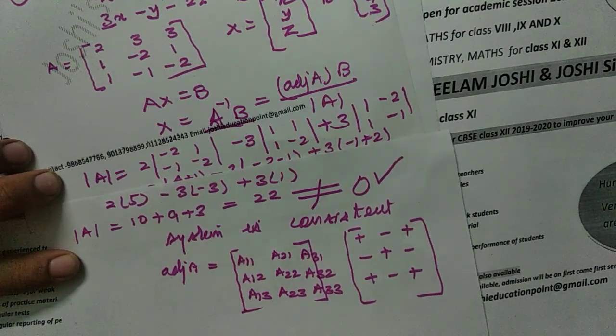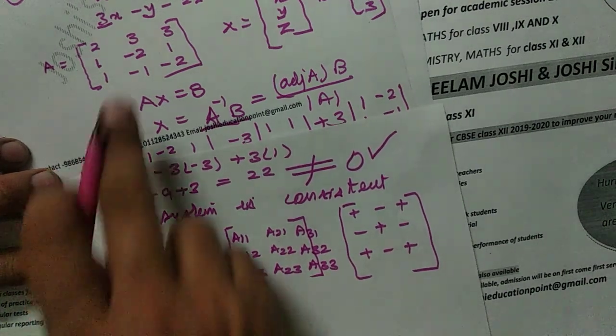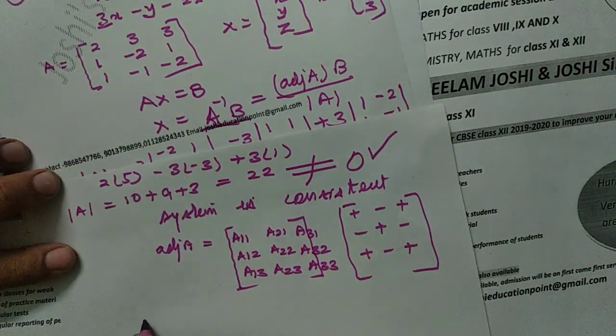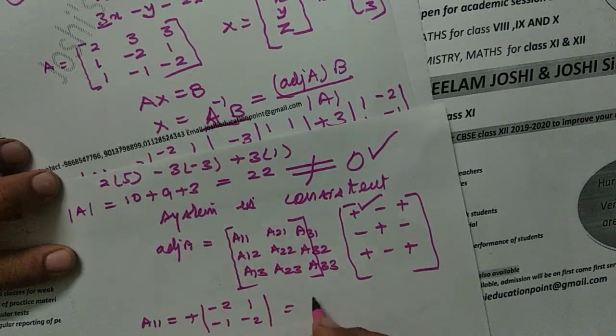I have made it the first column. So now I will calculate A11. A11 from this matrix is given. It will be positive, the positive sign I will pick from here. Positive of what? It will be (minus 2, minus 1, 1 and minus 2). You just multiply it. It will be 4 plus 1, that is equal to 5.